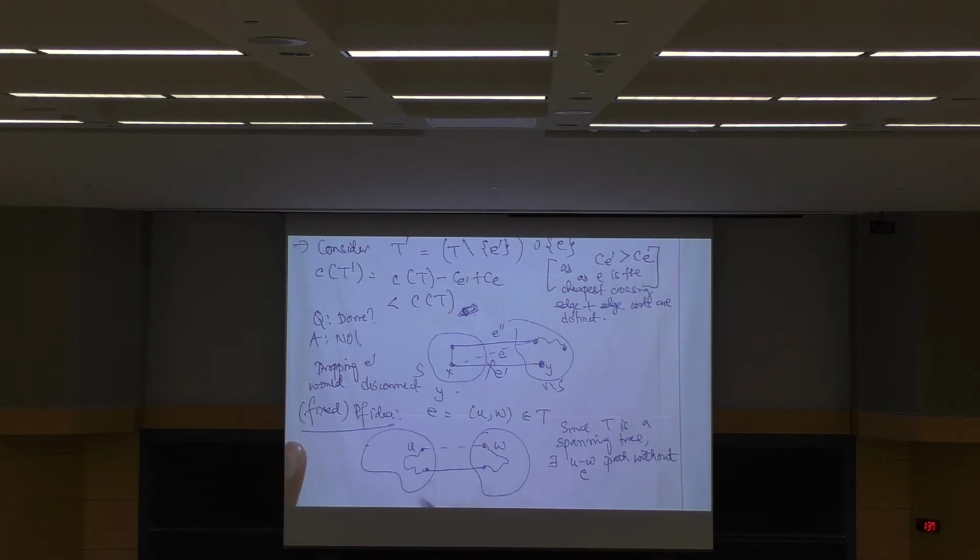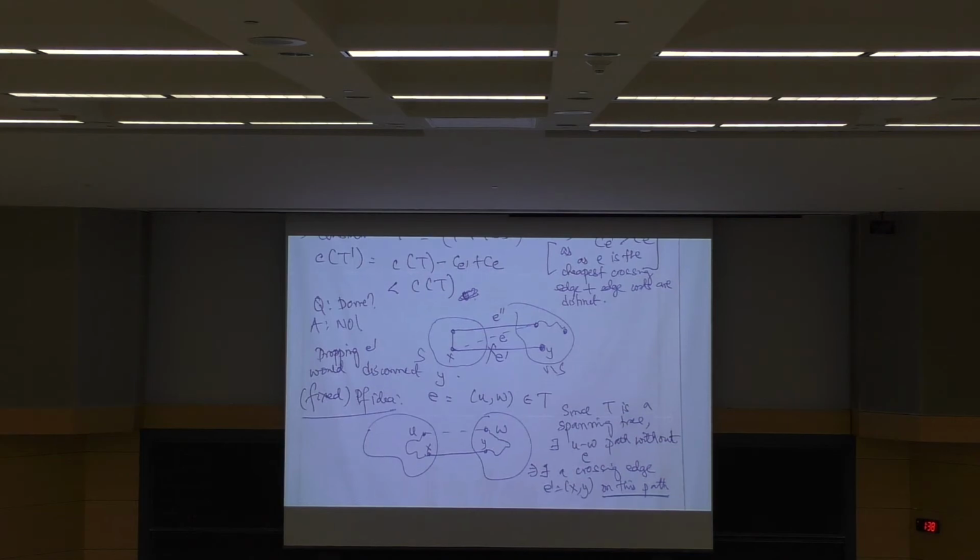Let this be x and y. So there exists a crossing edge E prime on this path. And this is the only difference from the proof we have done before. Instead of picking any crossing edge, we pick a crossing edge that's on the uw path, and we will argue that this is enough.